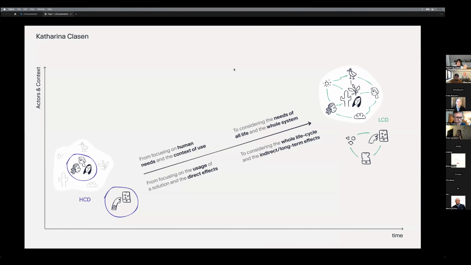So we have to move from focusing on human needs and only the context of use of a product or a system, to considering the needs of all life and also a whole complex system. And we need to move from focusing on only the short time span of the usage of a solution and the direct effects that has, to considering the whole life cycle of a product or solution, and to the indirect and long-term effects that solution might have.